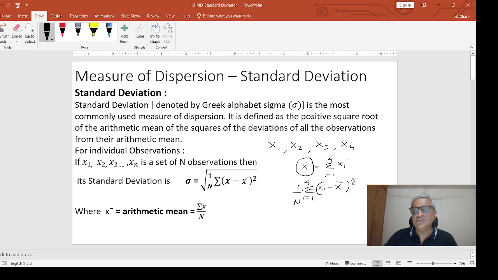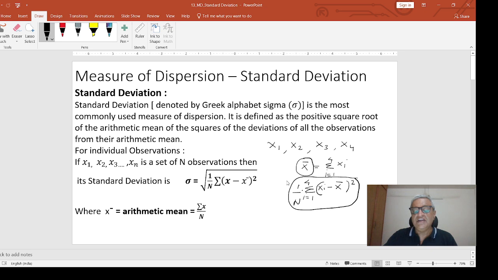So this gives me the arithmetic mean of the square of difference of observation from its mean.